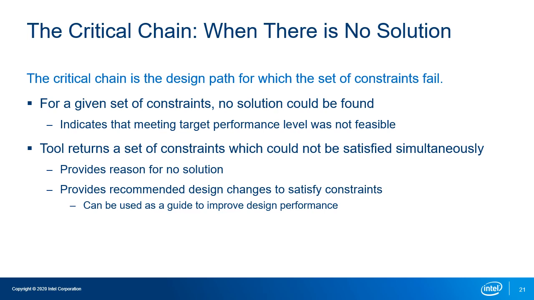Because the Hyper-Retimer knows which constraint in the critical chain caused the retiming to fail, it can provide feedback to you on the reason or reasons a solution was not found and provide recommended design changes to fix the critical chain and improve design performance. Again, more information on critical chains, such as the types of critical chains and potential solutions for critical chains, are covered in follow-up online training to this one.